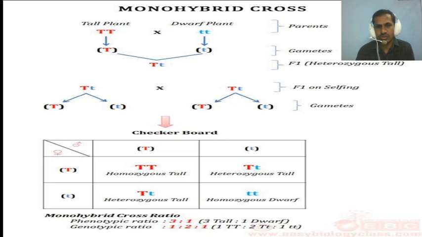So one homozygous tall, two heterozygous tall and one homozygous dwarf. The phenotypic ratio is 3 to 1, three tall and one dwarf. The genotypic ratio is 1 to 2 to 1. This is called a monohybrid cross.